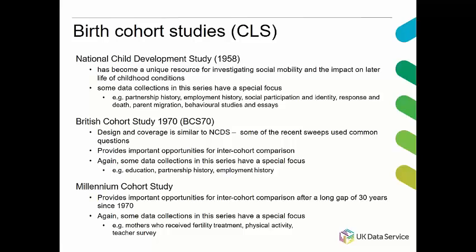So the BCS is very similar in design and coverage, obviously, because they are designed to make the comparison possible. But they again have some data collections in the series that have a special focus on education, partnership, employment history, etc. The same for the Millennium Cohort Study.